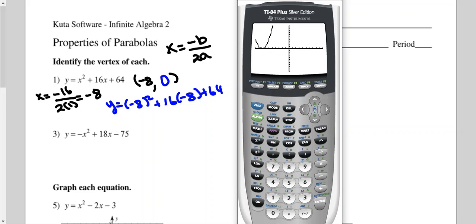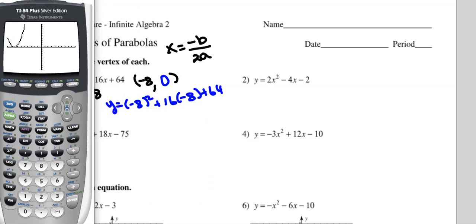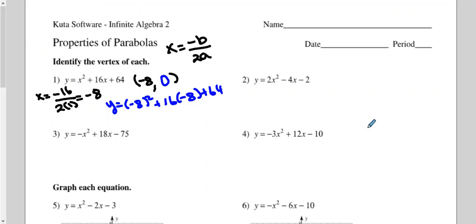I'm going to do one more example. Let's look at number 4. Again, I'm going to start by finding the x-coordinate of my vertex by using my formula. So x equals negative b, so negative 12 all over 2 times a, and a is negative 3.